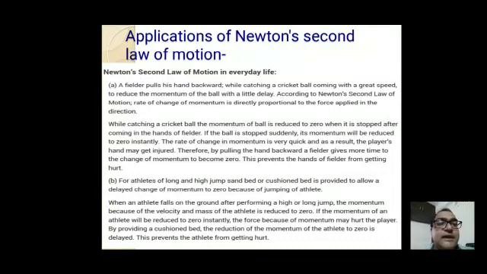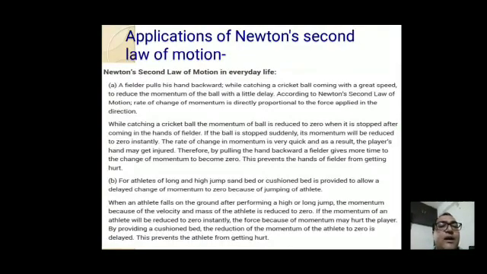Now understand the second example. For athletes of long and high jump, a sand bed or cushion bed is provided to allow a delayed change of momentum to zero. When an athlete falls on the ground after performing a high or long jump, the momentum because of the velocity and mass of the athlete is reduced to zero. If the momentum of the athlete is reduced to zero instantly, the force because of momentum may hurt the player.